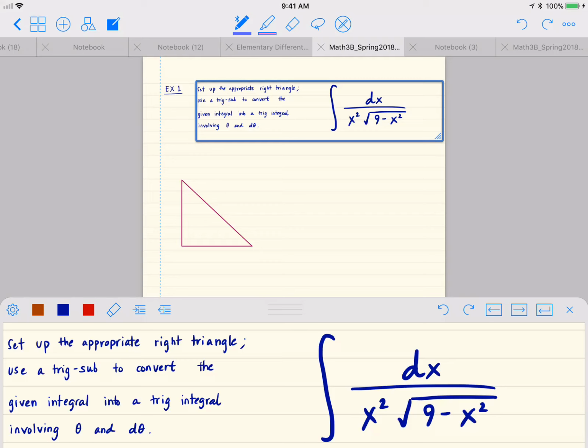Okay, so as I'm looking at this integral, what strikes me is this part in the denominator.